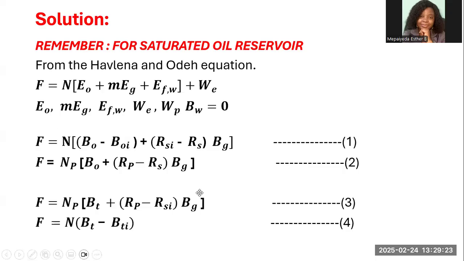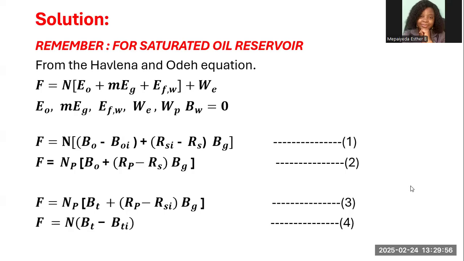And then we note that we have BT, because if you remember your RS versus pressure profile, you have your BT at a certain point below the bubble point pressure because your reservoir now exists in two phases, the oil and the gas. So you slot in your BT, okay? So you have your BT and then you have your F. Your F equals this, BT minus BT high.